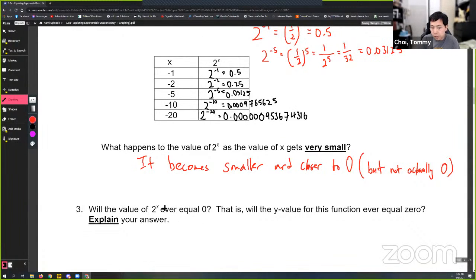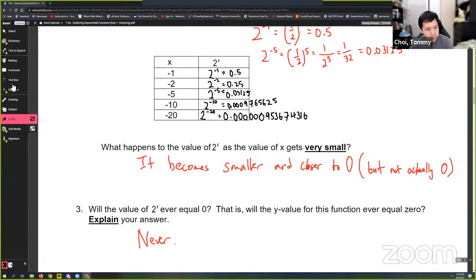Will the value of 2 to the power of x ever equal 0? Never. Let me type this out.